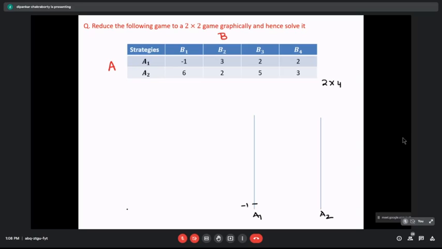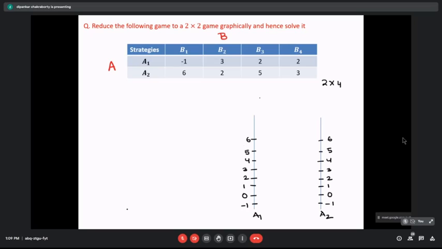So we mark minus 1, 0, 1, 2, 3, 4, 5, 6.